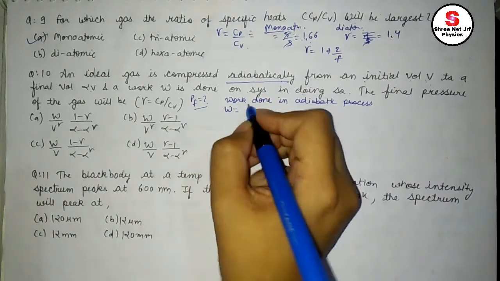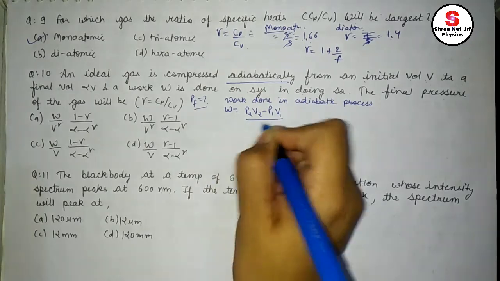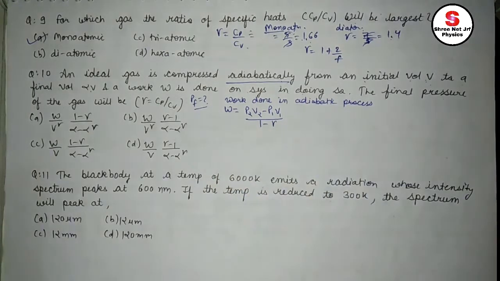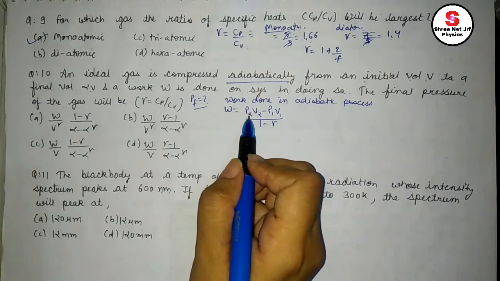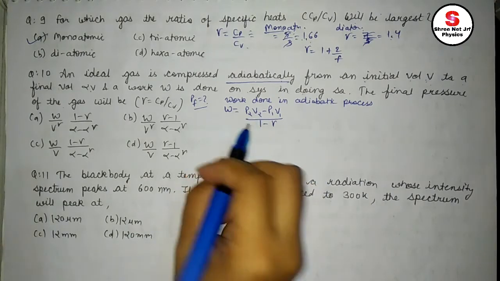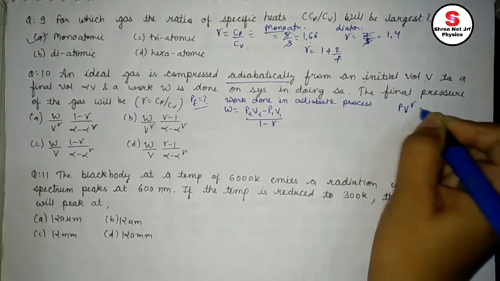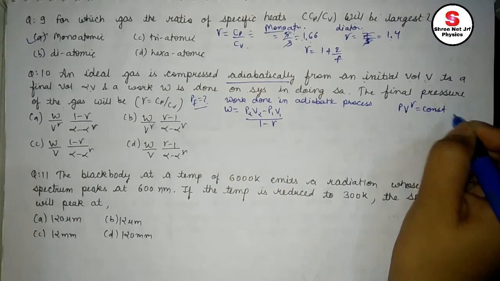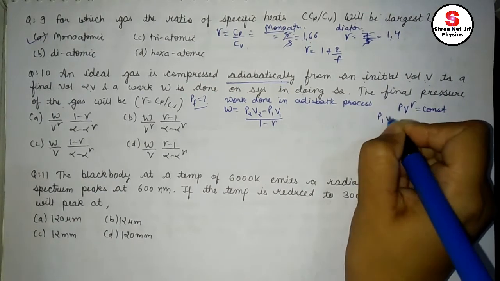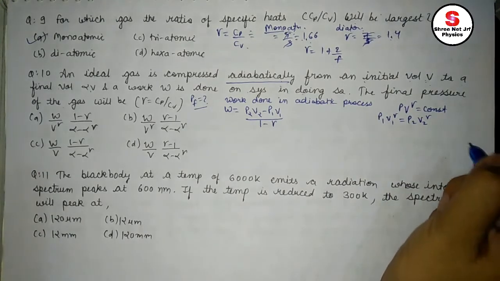Work done in an adiabatic process W is equal to P2 V2 minus P1 V1 divided by 1 minus gamma. I need to find the value of P2, that is P final. Since the process is adiabatic, it follows the relation P V to the power gamma equals constant. That means P1 V1 to the power gamma equals P2 V2 to the power gamma.